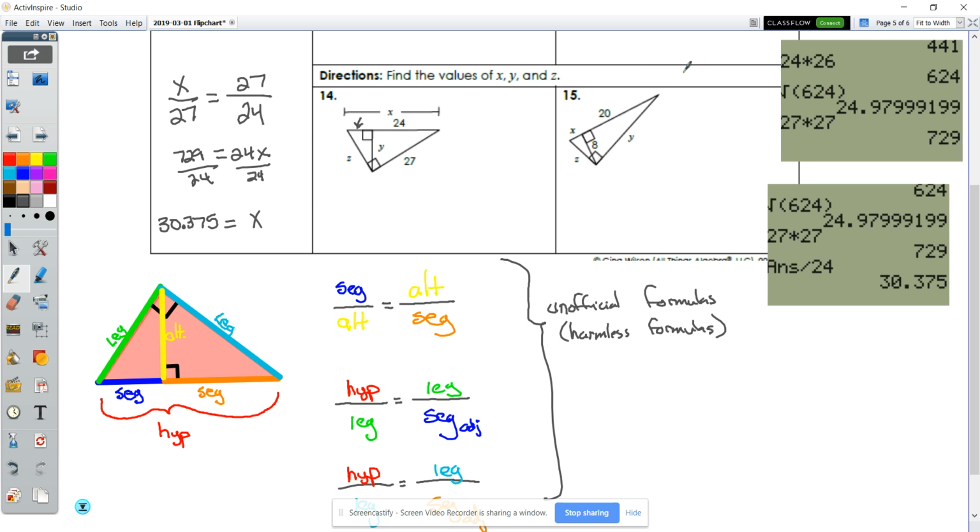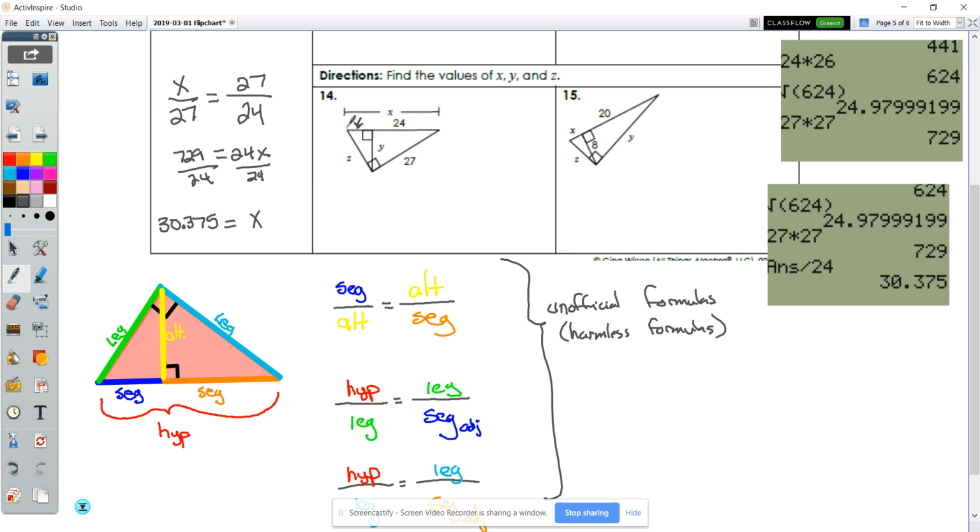Now, in the directions, it would probably say something like round to the nearest tenth, which means I'd put 30.4. I usually don't round in the middle of a problem. I know that x is going to be 30.4 if I'm supposed to round. If not, I'm going to leave it like this, at least as long as I'm working out the rest of my problems. So now I can figure out what the rest of this is.